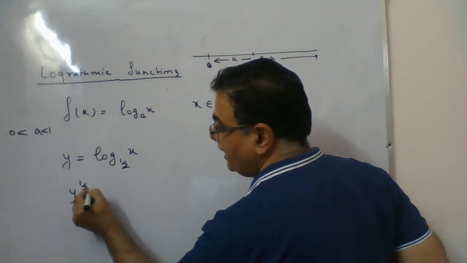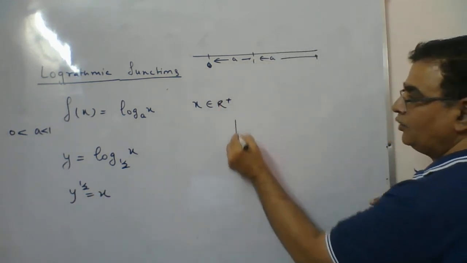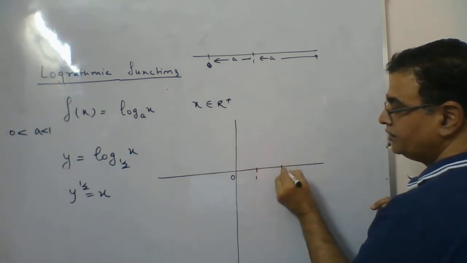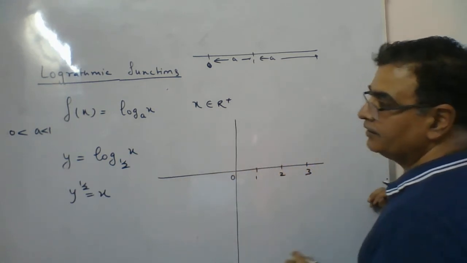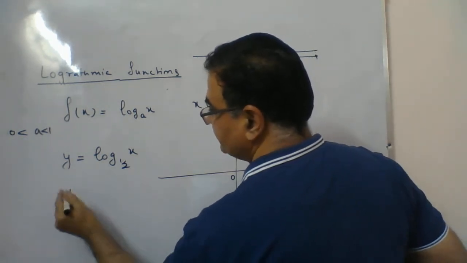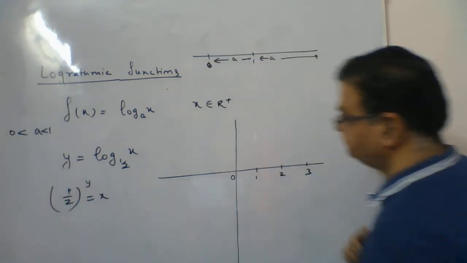Half power y will be your x. Sorry, this was wrong. We have written this as half power y, which comes out to be x.